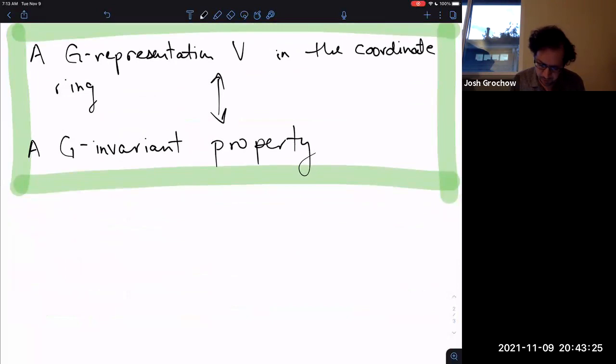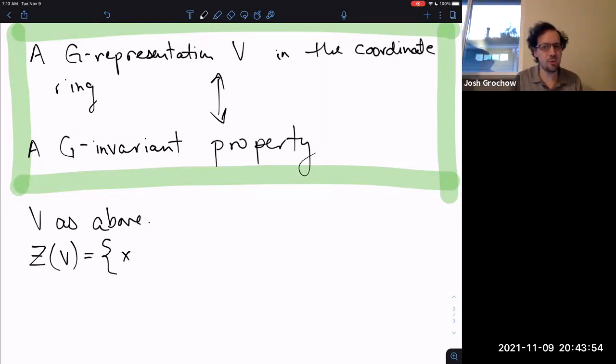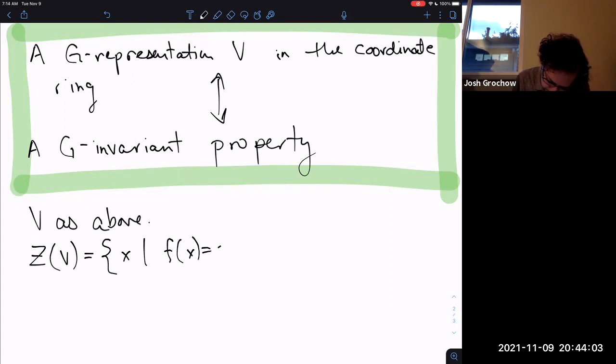Okay. And so, yeah, let me just say that a little more slowly and write it out, and then we'll do some more examples. So, right, V as above. And now let's consider the vanishing locus of V. So this is the set of points in our space, whatever our space is, whether it's homogeneous polynomials or matrices or tensors or what have you, where f of x is 0 for all f in our G representation.